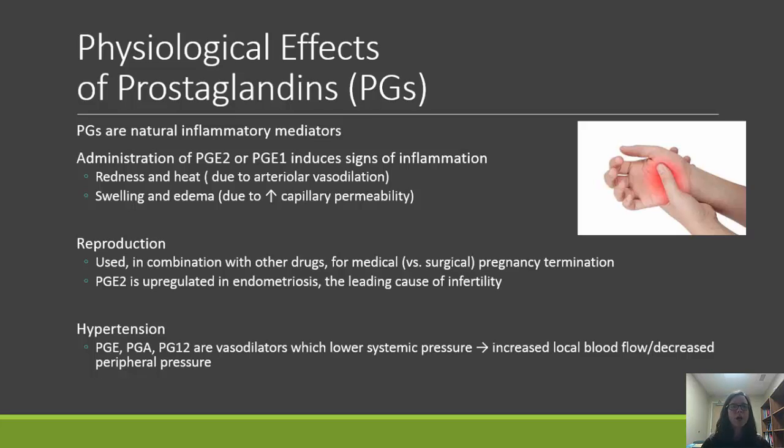Okay, now what are the physiological effects of our prostaglandins? So prostaglandins play a key role in inflammatory response. When biosynthesis of prostaglandins is increased in tissues, we demonstrate the cardinal signs of acute inflammation, okay?